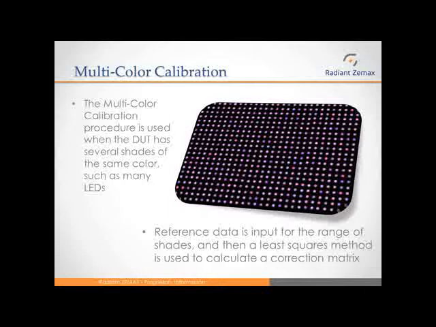So we would want to use the yellowish one and the bluish one of those white LEDs. And then we would take reference data with a spectrometer for some sample of those LEDs, input that data, and then ProMetric will create a correction matrix using a least squares method. It will create a compromise calibration that will work for that whole range of shades.